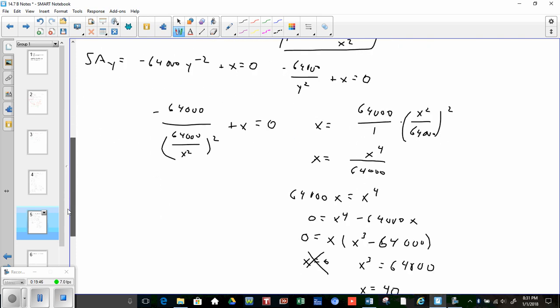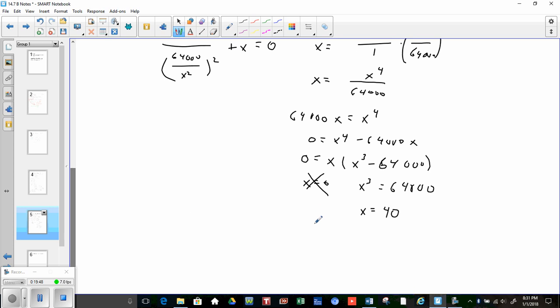So 64,000 over 40 squared. 40 times 40 is going to be 1600. Canceling out the zeros, that leaves me with 640 over 16. 16 goes into 64 4 times with an extra 0, so we also get that y equals 40.